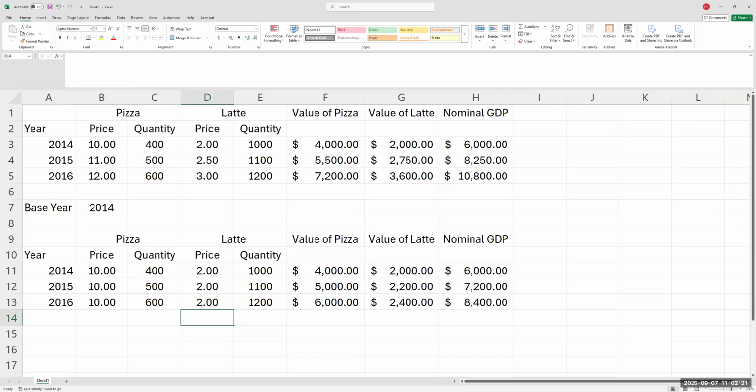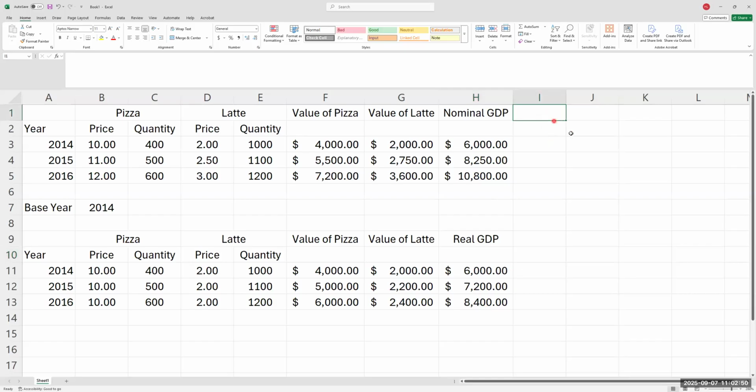You can see that this is real GDP, and the increase is from 6,000 to 7,200, and then from 7,200 to 8,400.